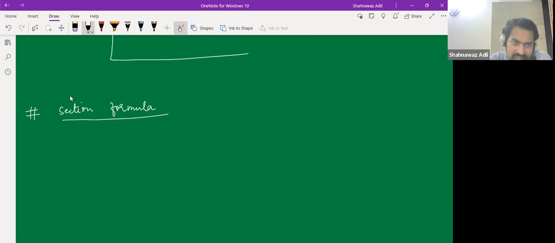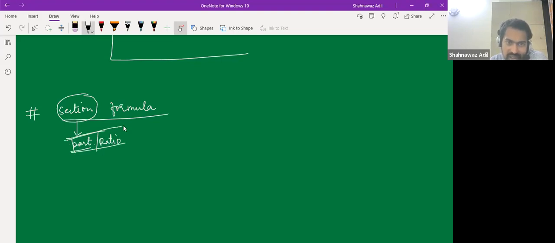As the name suggests, section suggests part. So this section formula tells us about the part or ratio of a point.